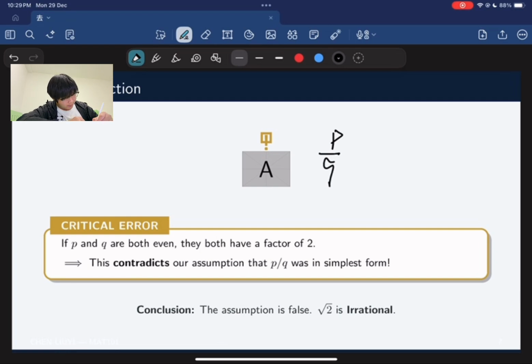But if p and q are both even, they both have a factor of 2. This contradicts our assumption that p over q was in simplest form. Then we can get a simple conclusion. The assumption is false. The square root of 2 is irrational.